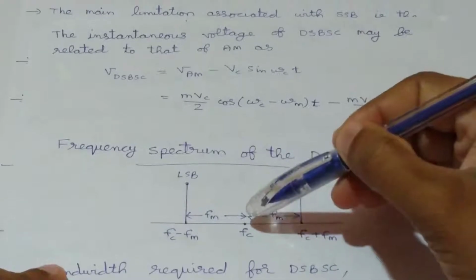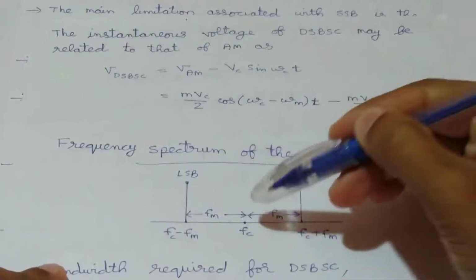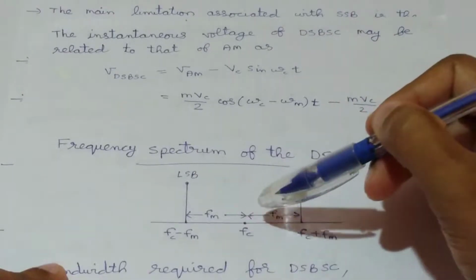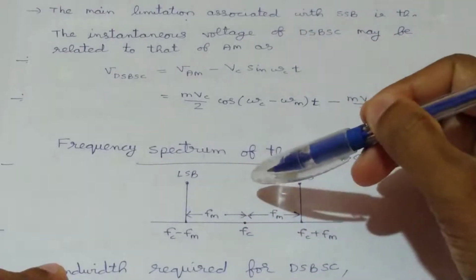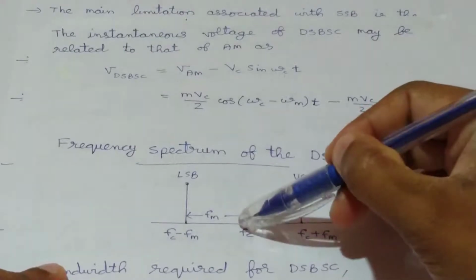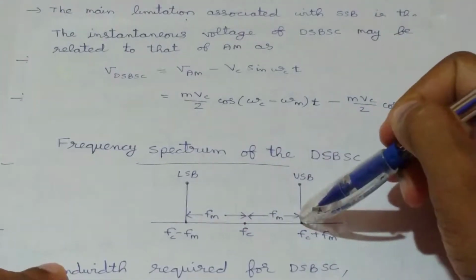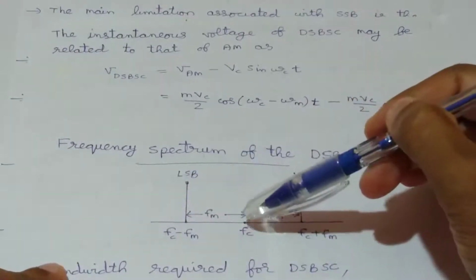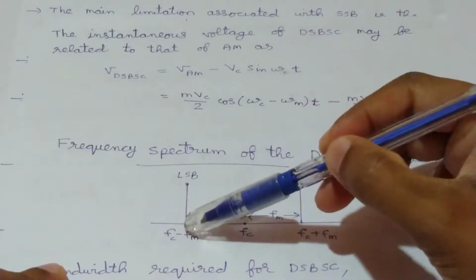For example, consider our modulating signal frequency changes from 0 Hz to 10 Hz. The upper sideband frequency range will be from fc to fc plus 10 Hz, and the lower sideband range will be from fc to fc minus 10 Hz.